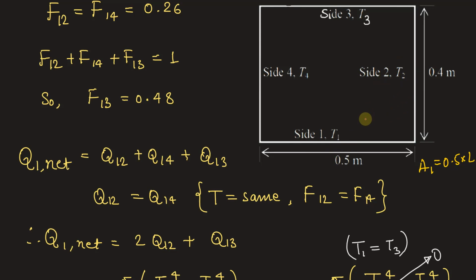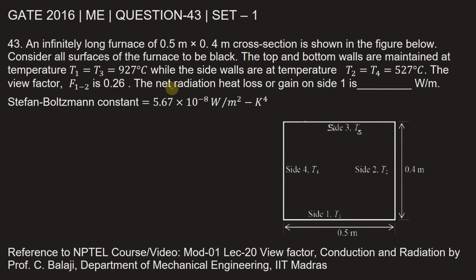So there will be a loss of 24,530.68 watt per meter of heat from side 1. Therefore, the net radiation heat loss on side 1 will be 24,530.68 watt per meter.